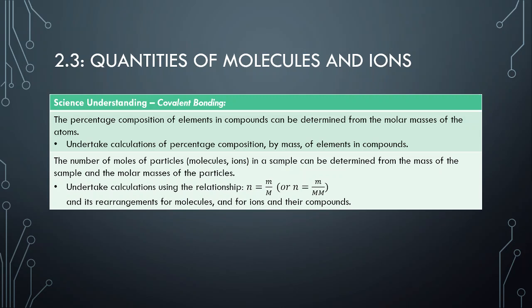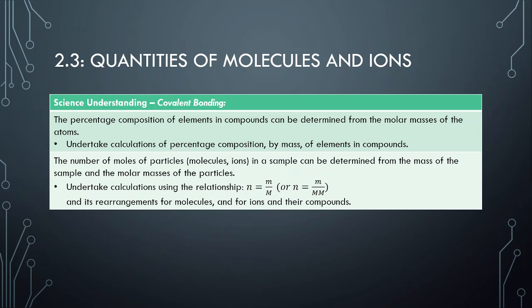What you need to be able to do is to undertake calculations of percentage composition by mass of elements in compounds. We'll actually do that later, and before that we'll look at the number of moles of particles in molecules or ions in a sample, which can be determined from the mass of the sample and the molar masses of the particles.